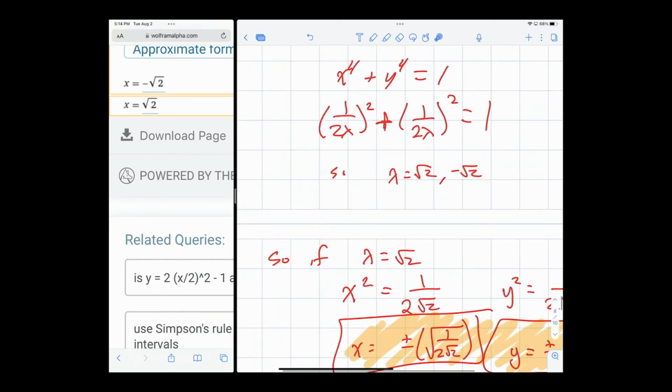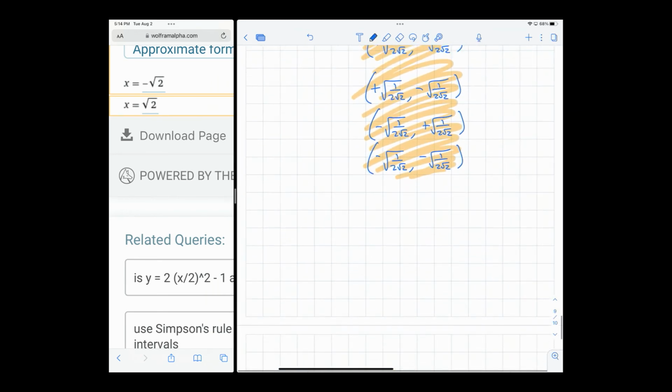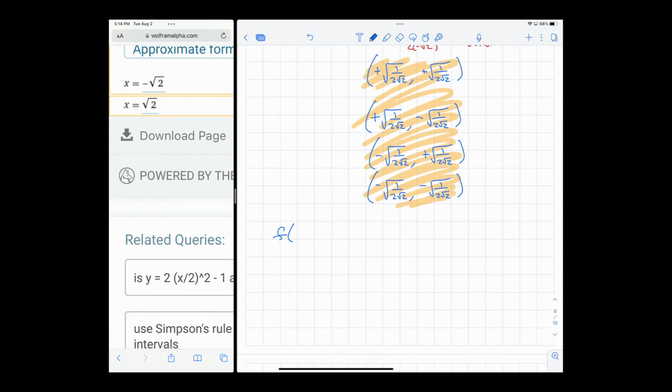So technically what you would do now is you need to evaluate the function at each of the points. So I'm going to be lazy and call these P0, P1, P2, P3.